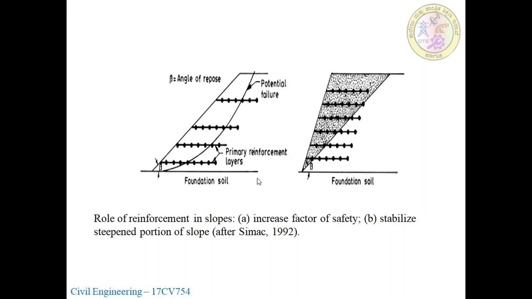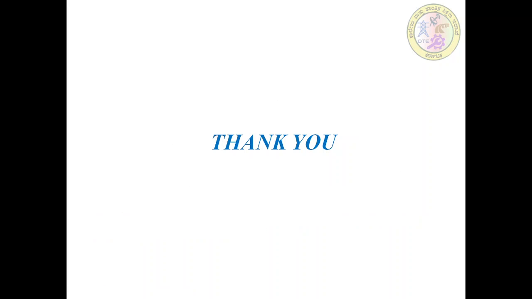The first role is to increase the factor of safety, and the second is to stabilize the steepened portion of the slope. Here it is a loose soil where we will provide the reinforcement, and here it is compacted or stabilized soil where we will provide the reinforcement. Thank you. It was a very small session to complete the improvement of slope failure. Thank you.